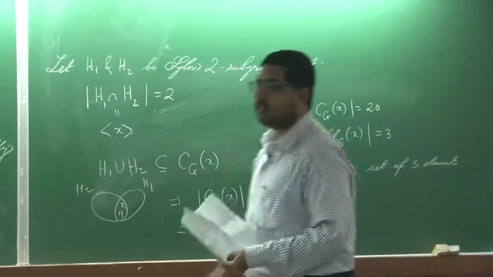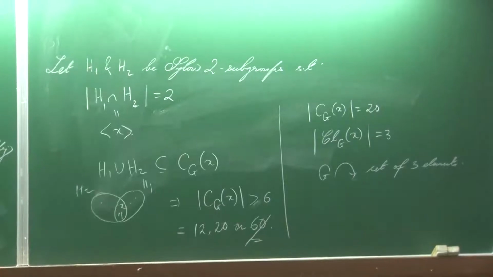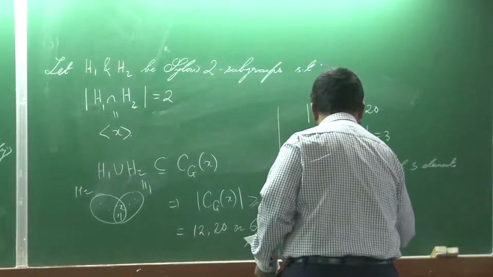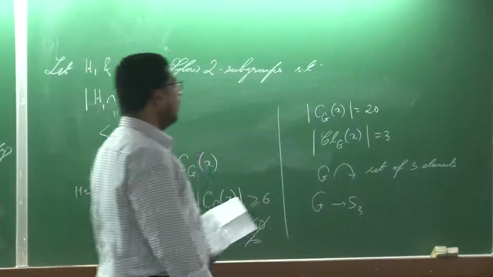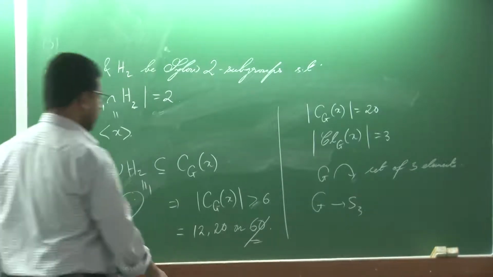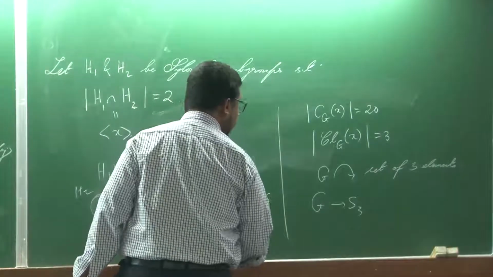Because they are orbits, the actions are transitive. So, again like earlier, that leads to a non-trivial homomorphism from G to S3, which is a contradiction, because a non-trivial homomorphism has to be injective, but this has fewer elements. So, even this possibility is now ruled out.